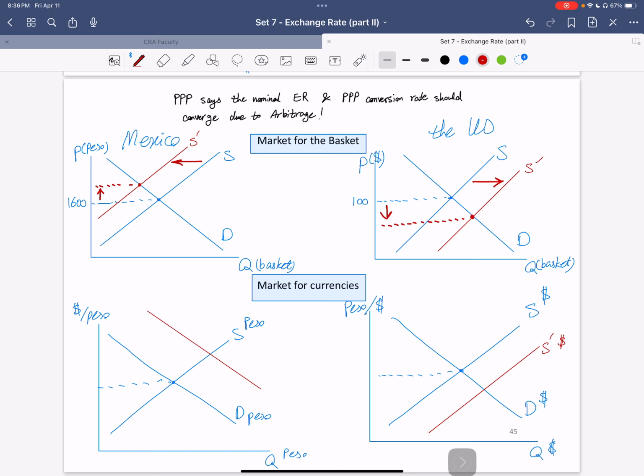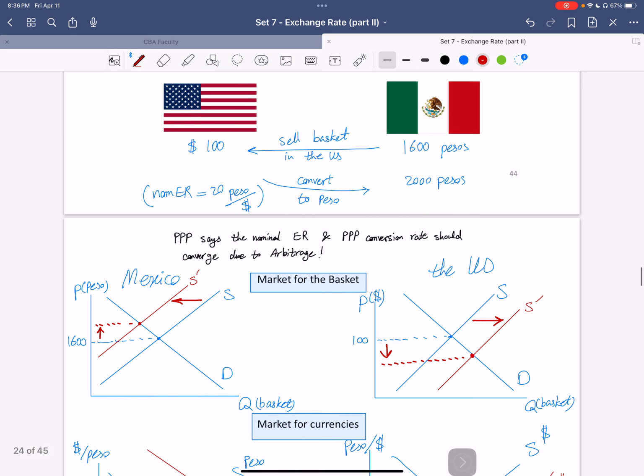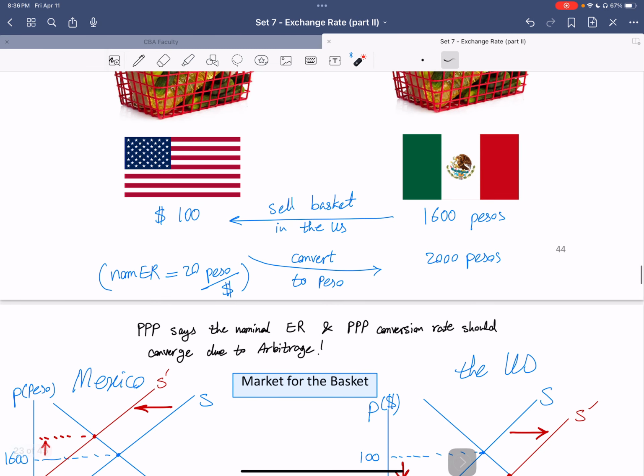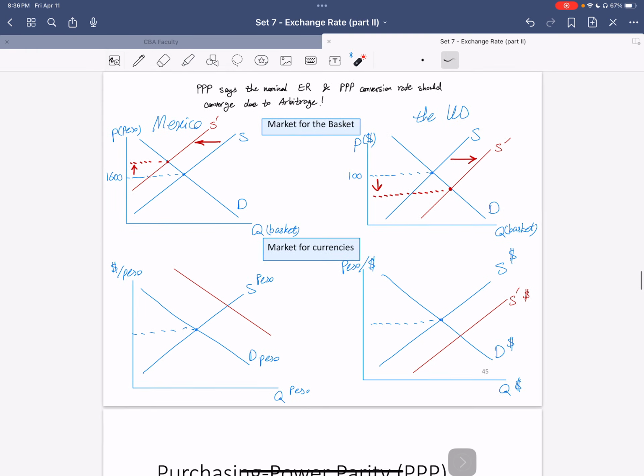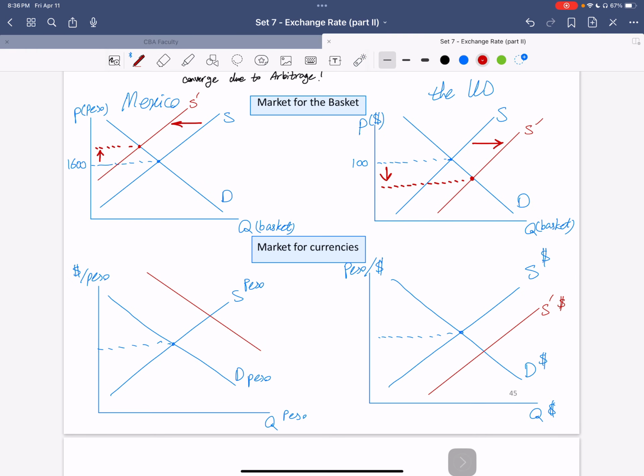People are going to buy the goods here in Mexico. People want to buy in the cheaper place, so they want more of the currency of that country. So demand for peso is going to increase, and the supply of dollar is going to increase as well. We're going to see a shift to the right in both of them.